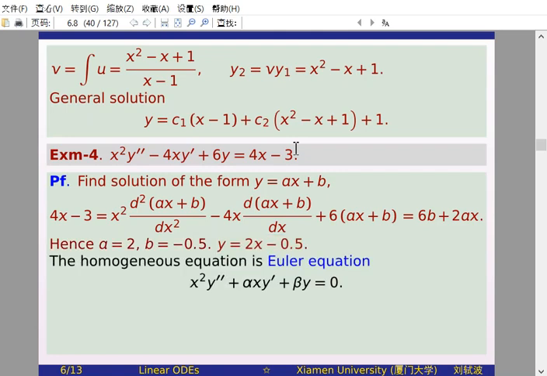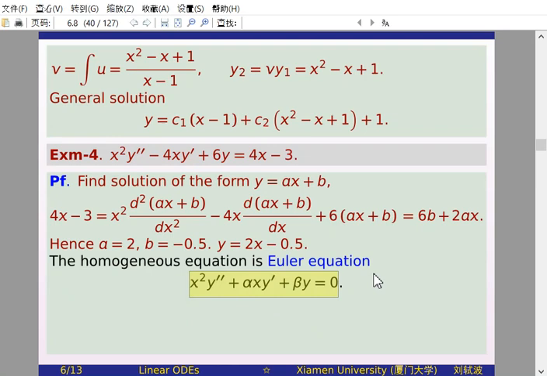Then the homogeneous equation is the Euler equation, as I said before. The Euler equation is an equation of this form: x squared y double prime plus alpha x y prime plus beta y. So our equation is of this form. For the Euler equation, there is a problem in our textbook, I don't remember which section.